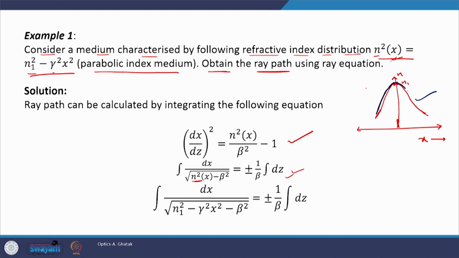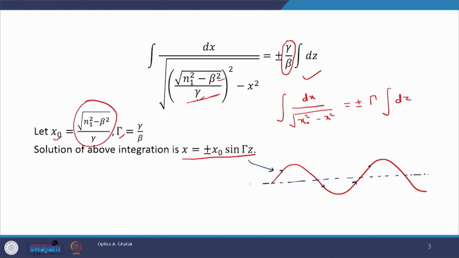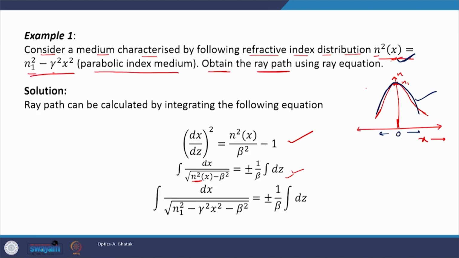This index is maximum at x is equal to 0, and if you move away from x equal to 0, the refractive index decreases. Now, the same thing is here. x is equal to 0 is this horizontal line. Here the refractive index is maximum, and if you move up or down, then the refractive index should decrease, as per the question.